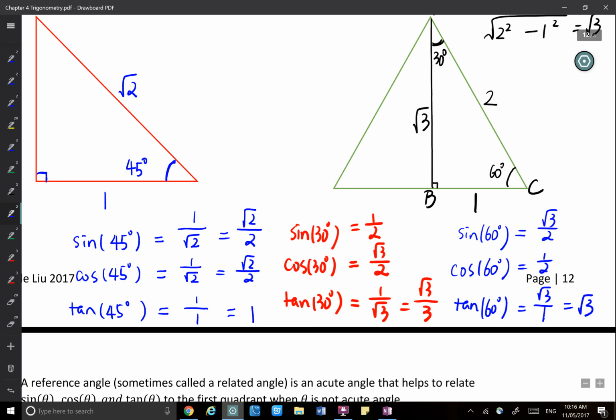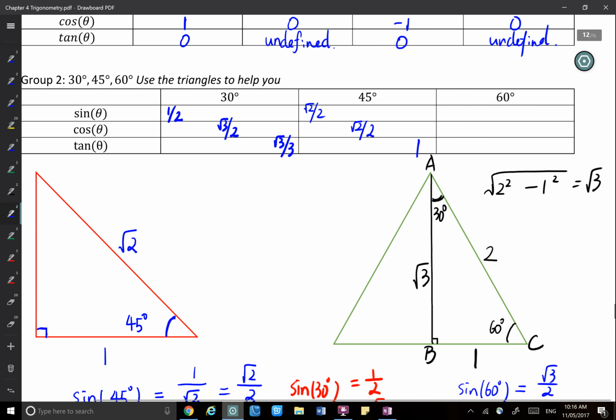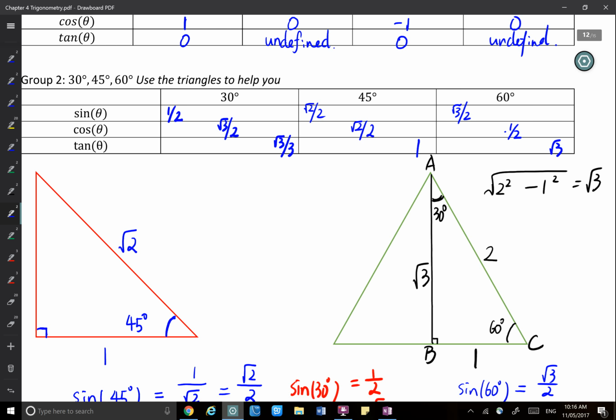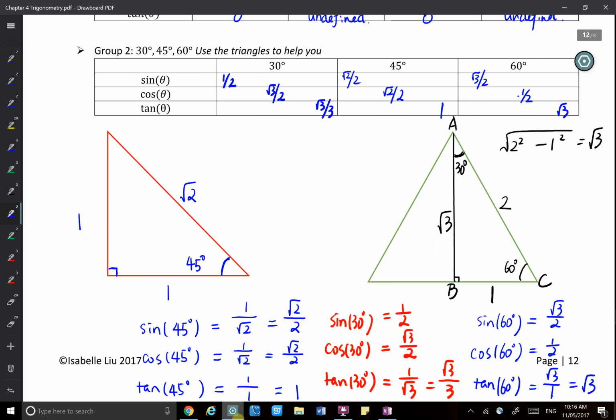So I'll just use this one triangle, and can find all the sine, cosine, tangent of 30 and 60 degrees. So I'll have √3 over 2, 1 over 2, and √3. Then I have 3 sets of values.